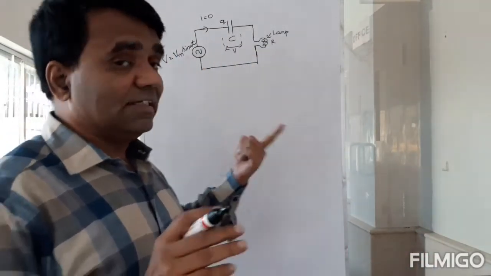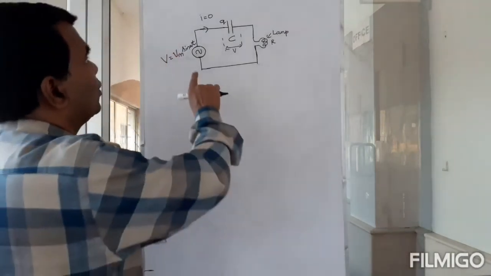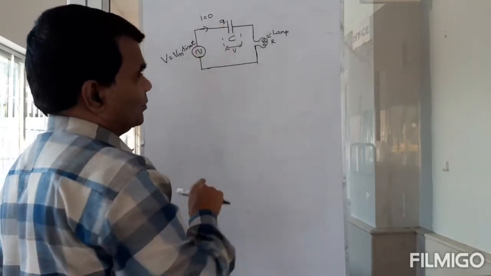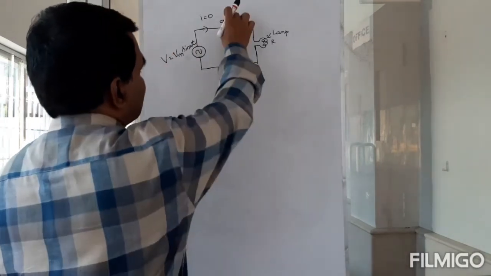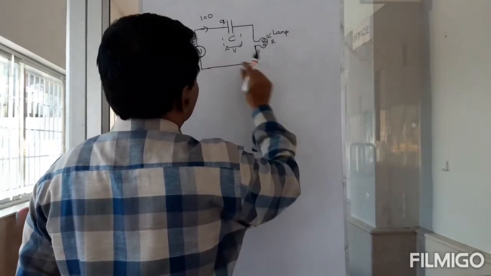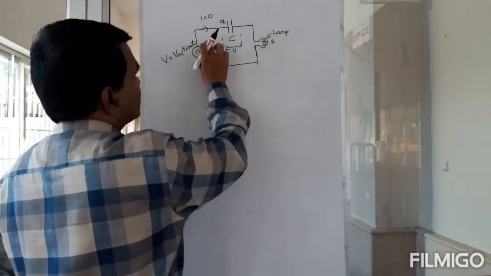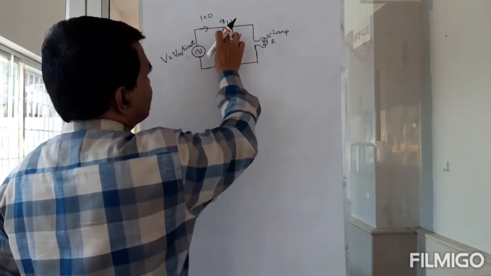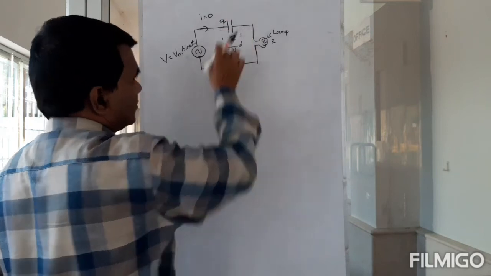Okay. Now let's see how the current will flow. First, while charging, the current will flow. It's like this. You have a capacitor, you are charging, you are starting from voltage 0, and then you start charging it. Then the capacitor will reach the voltage V, maximum.